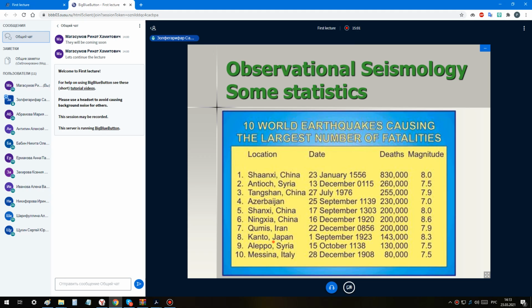Column 1 shows the locations, column 2 the dates, column 3 the number of deaths, and column 4 the magnitude of the earthquakes.